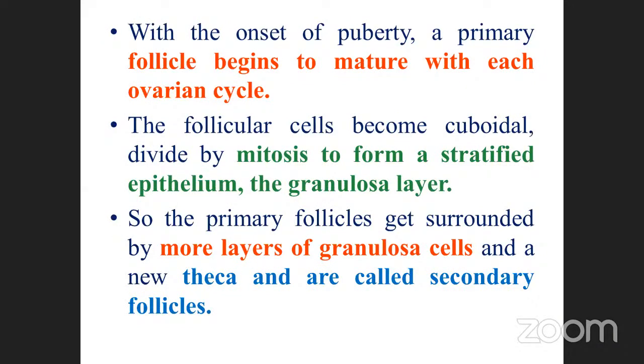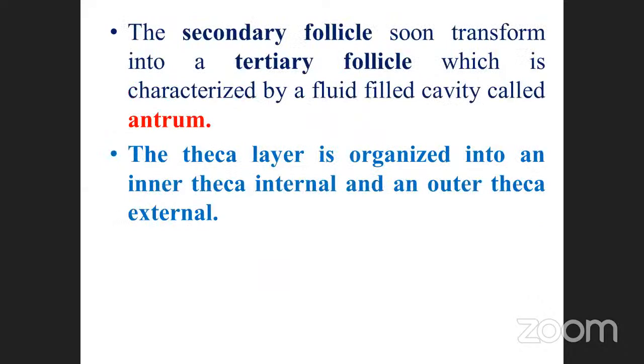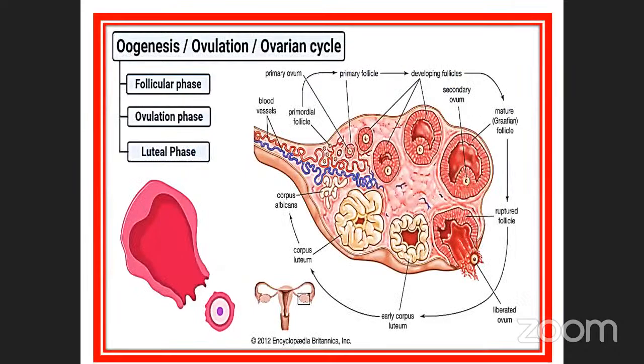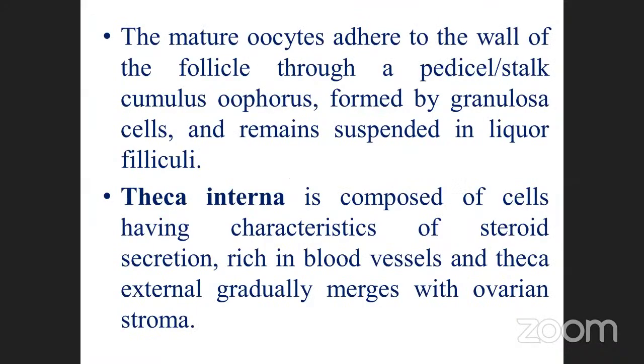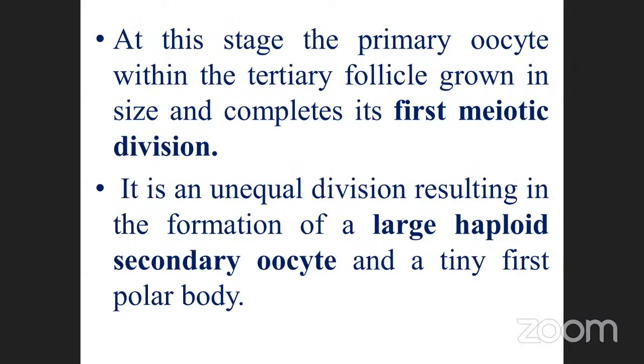Secondary follicles also produce tertiary follicles. These are filled with fluid called antrum. The theca layer is also present, the internal and external theca, and it is covered with the ovum. Finally it merges with the ovarian stroma, otherwise called the ovarian wall.